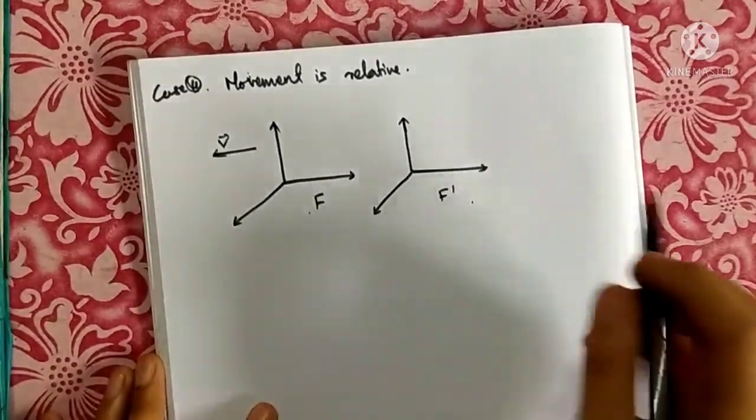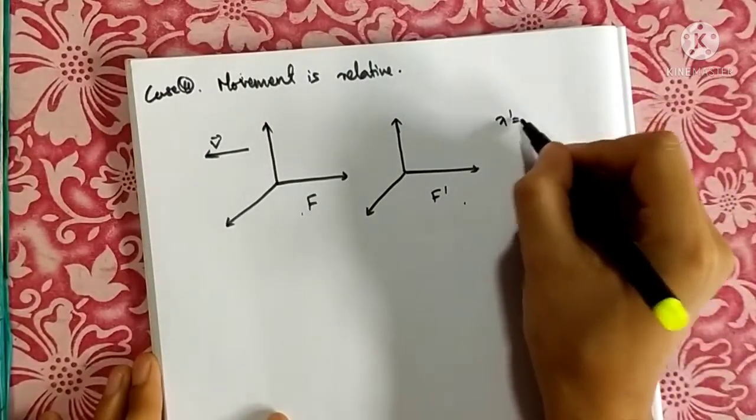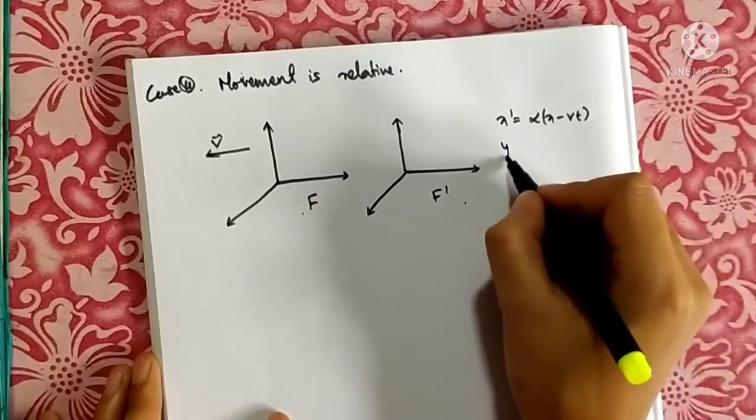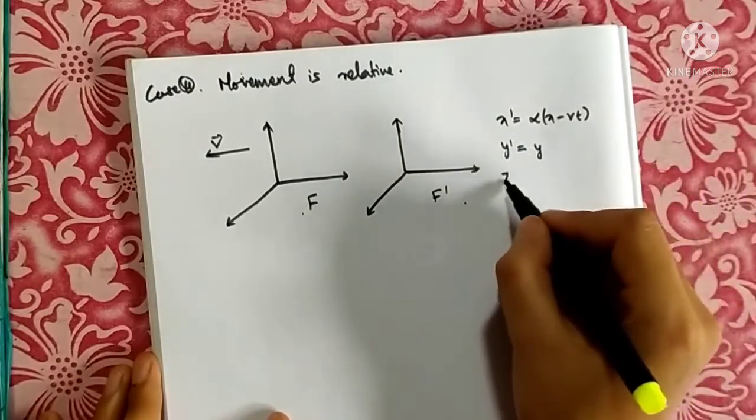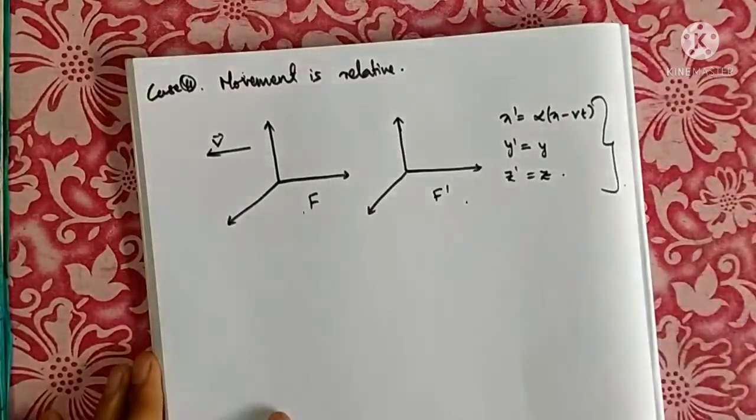Here we have the Galilean transformation x prime equals alpha times x minus vt, y prime equals y, and z prime equals z.